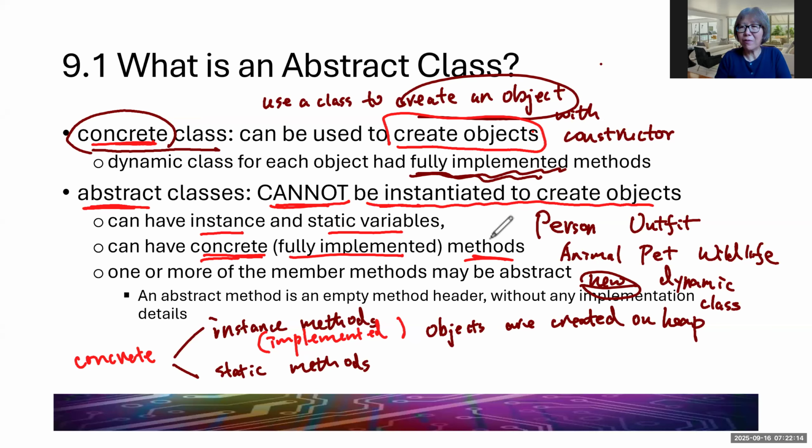Then you may ask, what's the difference? For a class to be defined as an abstract class, there is one rule that must be met: it must have one or more abstract member methods, not just concrete methods. So what is an abstract method? An abstract method is not implemented.